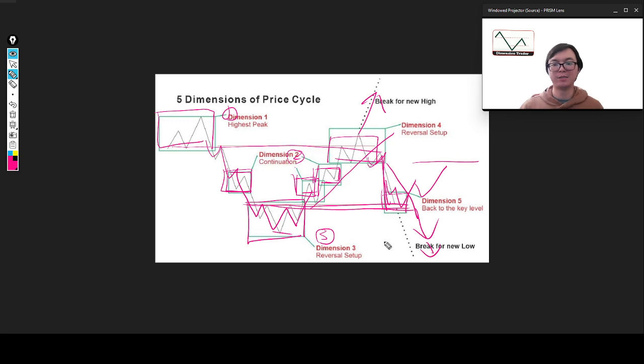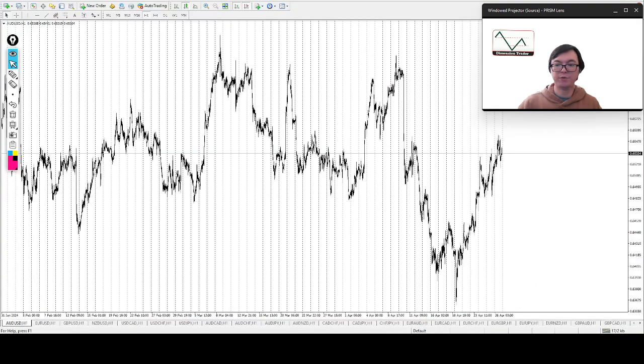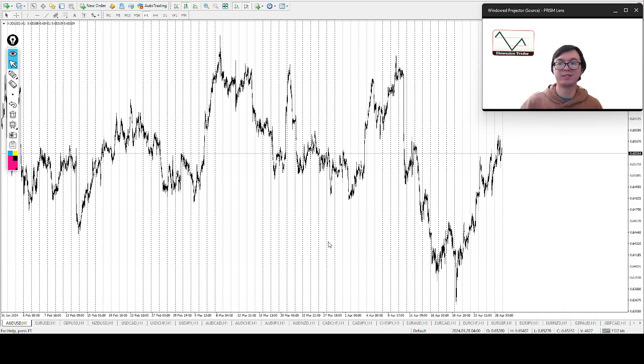Okay, now let's begin with the price action of the previous week. For the previous week, we are reading the chart from the 21st to April 27. The first pair is the Australian dollar, with the 21st being around this area.